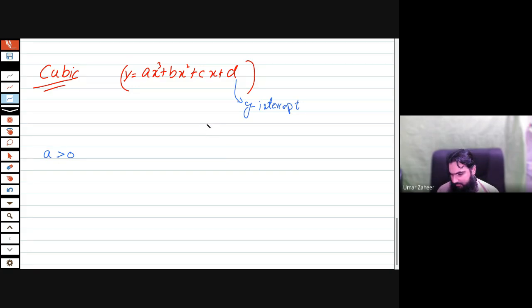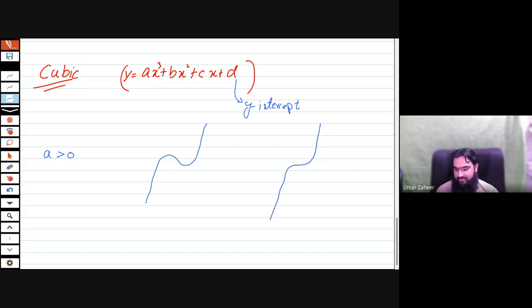It is coming from right towards left. It may be this shape, or it is parallel to the x-axis and goes down.